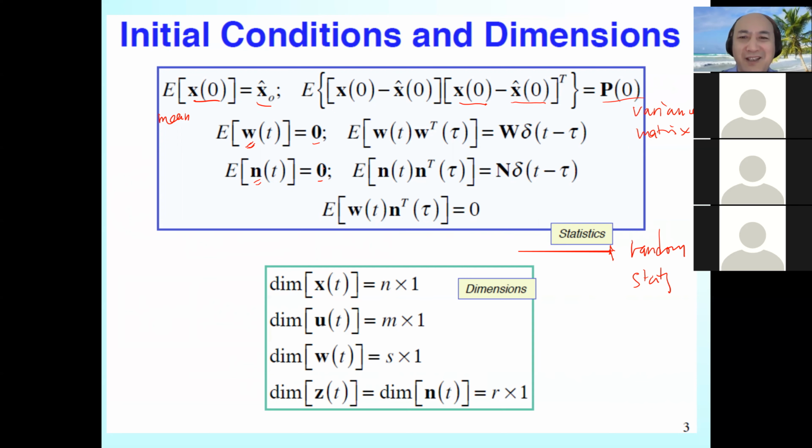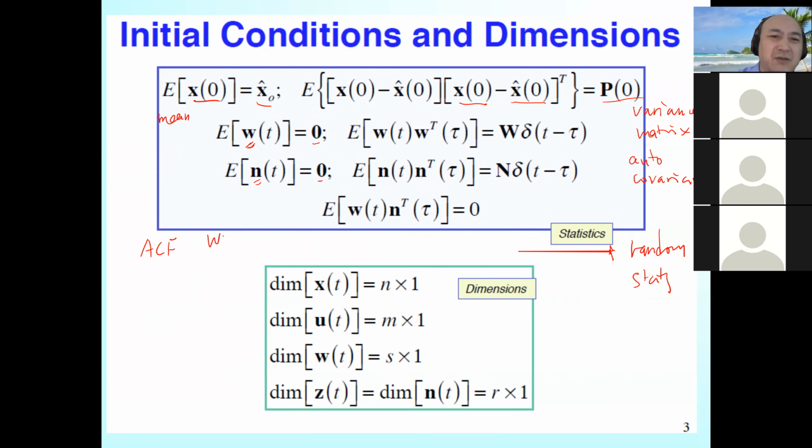And this is the variance. Variance is also called auto-covariance, sometimes also called ACF, the auto-correlation function.